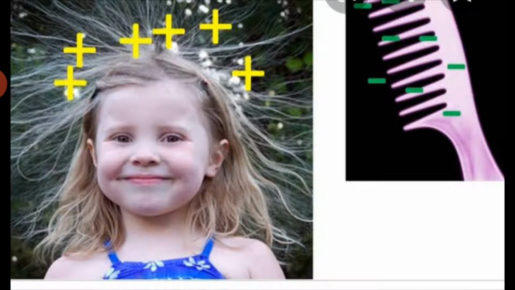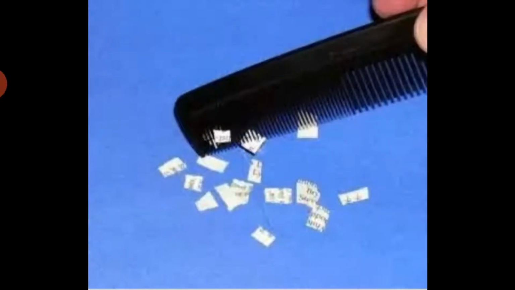So now the comb is negatively charged, but when this comb is brought close to the paper, this negative charge present on the comb attracts the paper, right? Because on the paper there is positive charge. This is called attraction. In this way electrons are transferred from one substance to another substance.